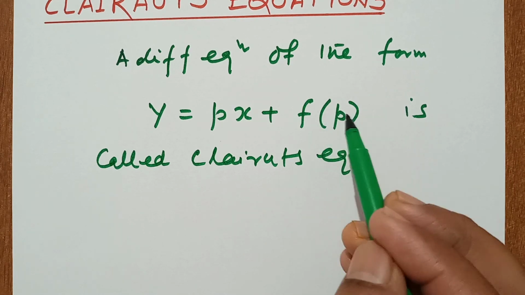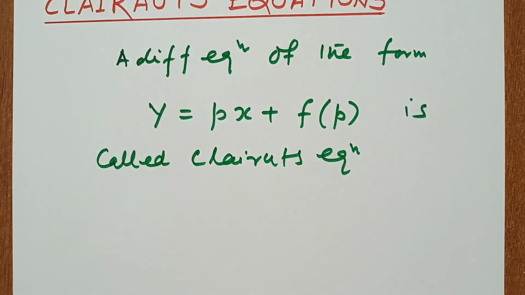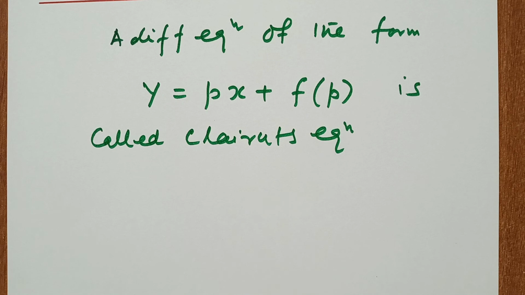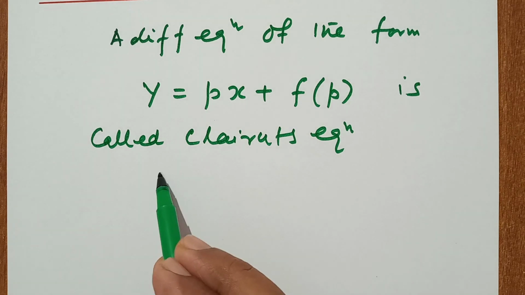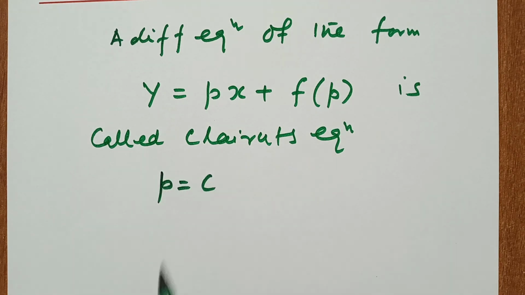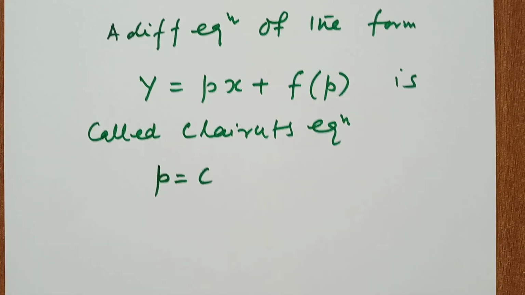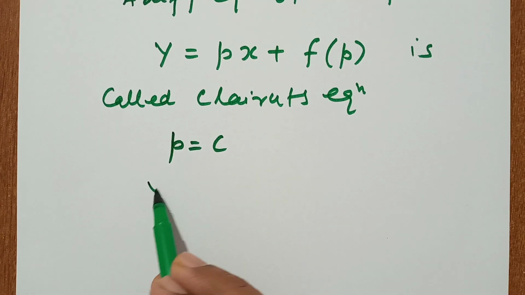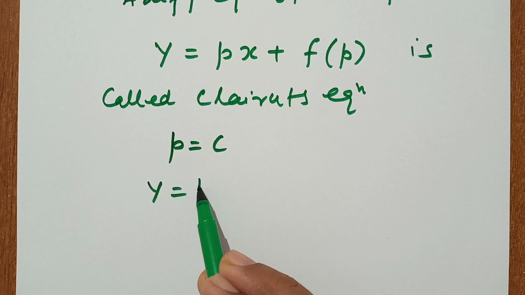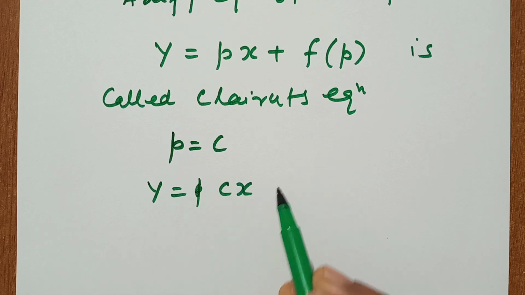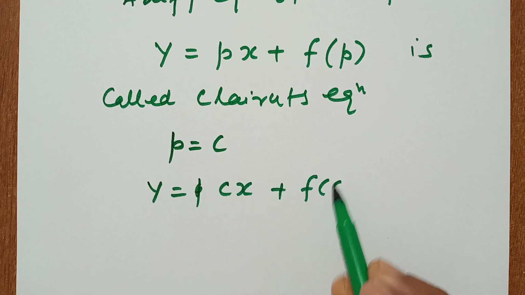This is known as Clairaut's equation. So how do we solve it? By putting p = c, the solution is y = cx + f(c). So this is the solution.